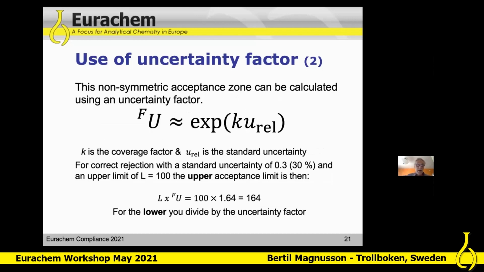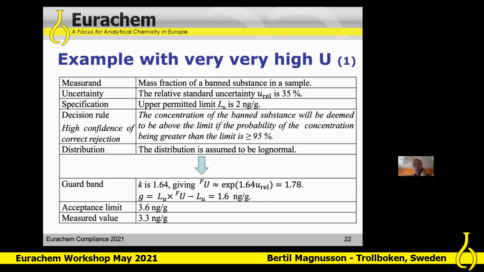In order to calculate the uncertainty interval with the log normal, use the uncertainty factor that Mike has already talked about. And I will just give you an example where we calculated the uncertainty factor, where we have a mass fraction of a banned substance in a sample. So here we have a high uncertainty.